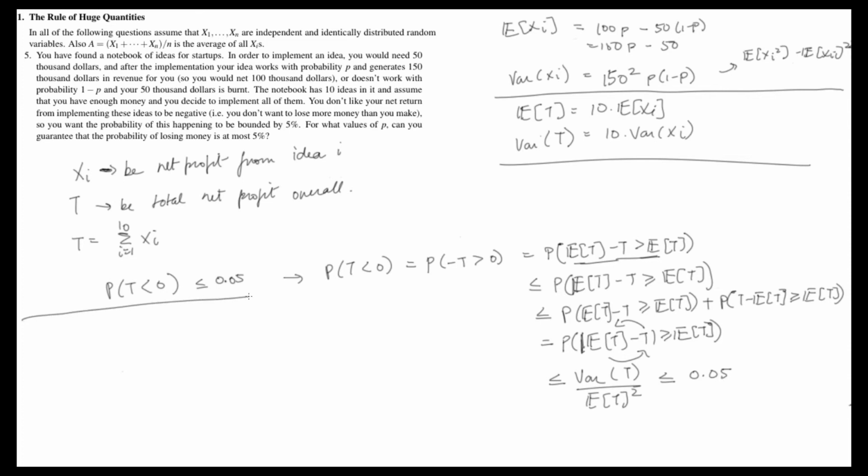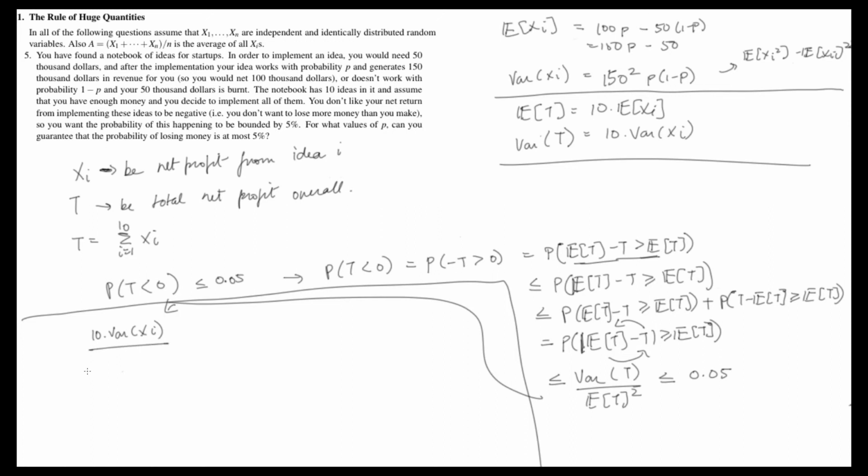So now let's go here. We know from above that variance of t and expectation of t can be written in terms of variance of xi and expectation of xi, right? So variance of t is just 10 times variance of xi. I'm just taking this and going there.